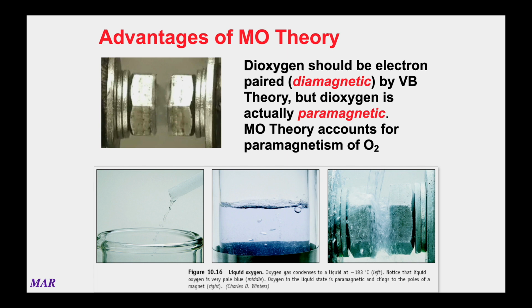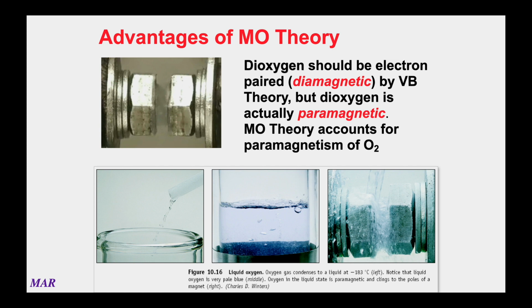But oxygen, O2, in liquid form, which by the way is really unstable, you have to be super careful and keep it super cold, they put dioxygen through and you can see it sticks there between the two magnet heads. That shows that dioxygen, O2, is paramagnetic. Diamagnetic things just go right on through. They don't care about magnetic fields, but paramagnetic things will stick.